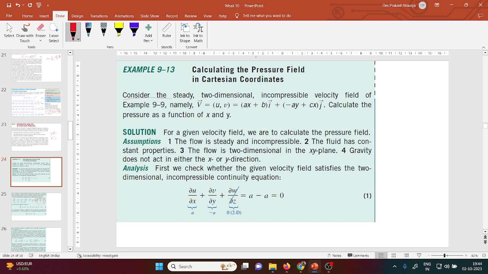Consider a steady two-dimensional incompressible flow, and the velocity field is given like that, with a, b and c, and calculate the pressure as a function of x and y.